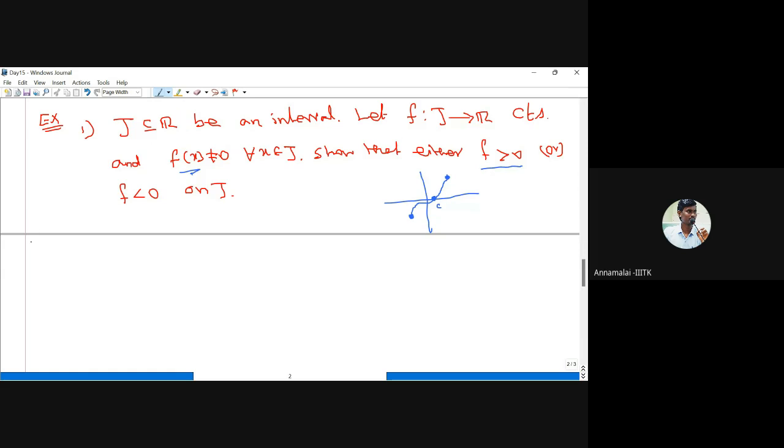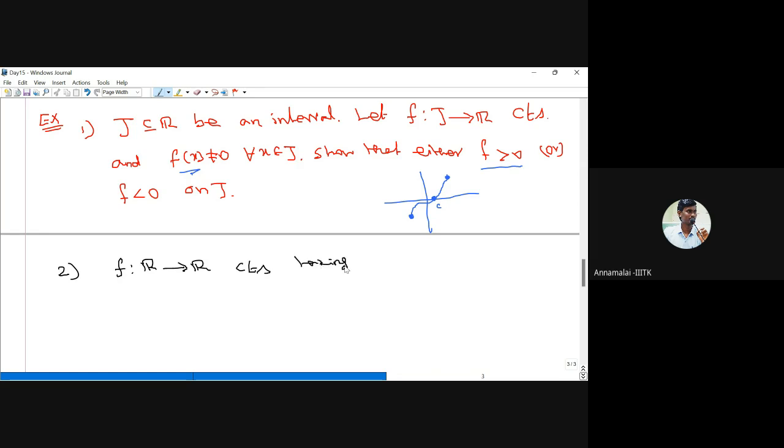Now, second one. Suppose again we have a continuous function from R to R, taking values in Z or the rationals.